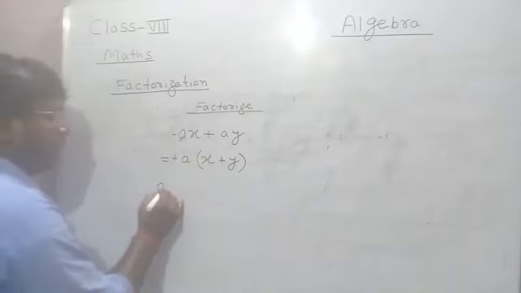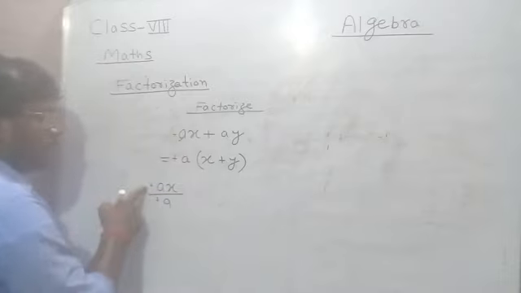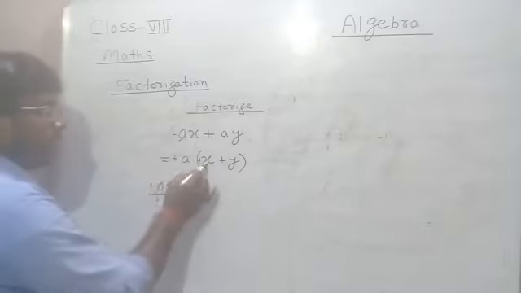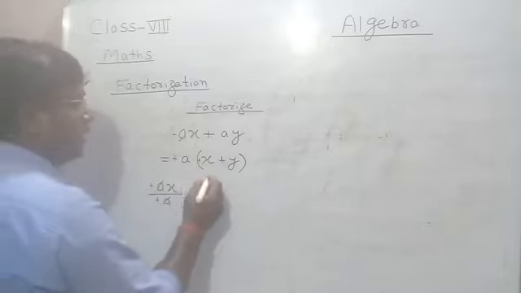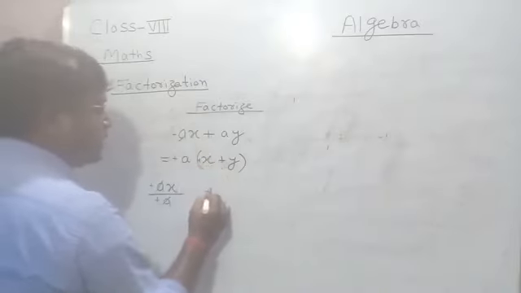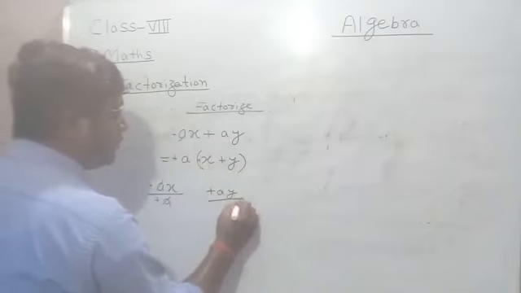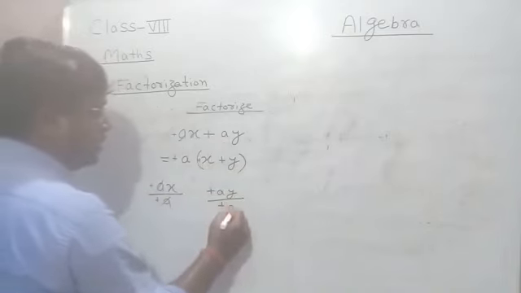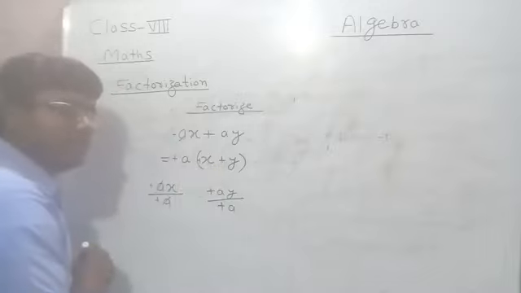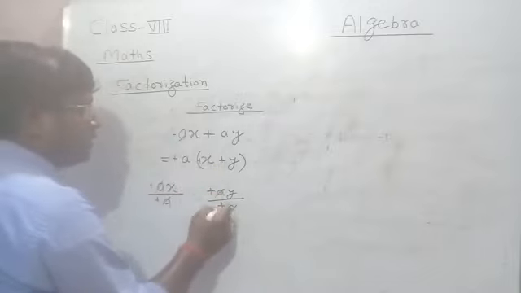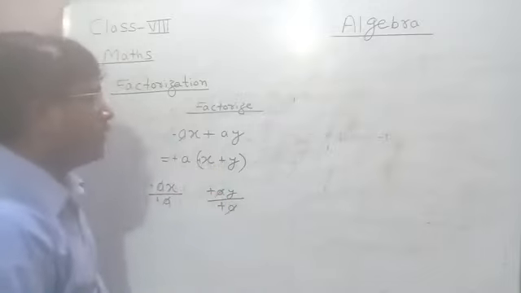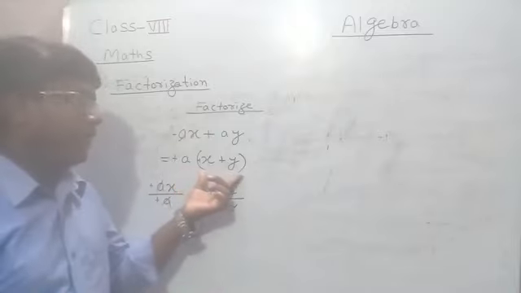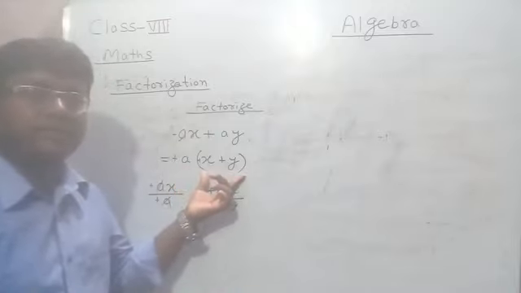From plus ax, if I take plus a as common, then a cancels, plus divided by plus is plus, and x is remaining, so plus x. Similarly, in the second term, plus ay, if we take plus a as common, then plus divided by plus is plus, a cancels, and y is remaining. So your factor is a in bracket x plus y.